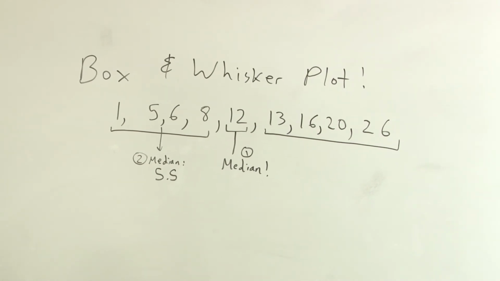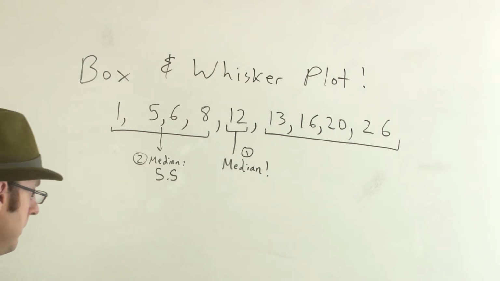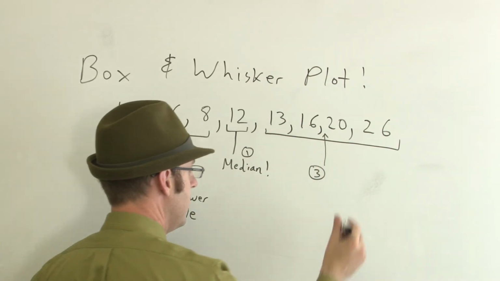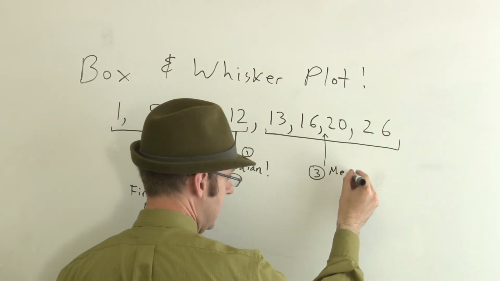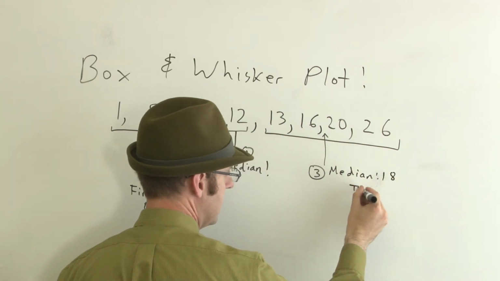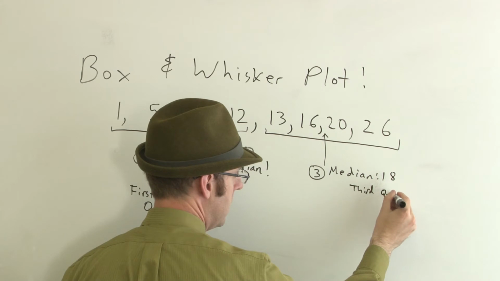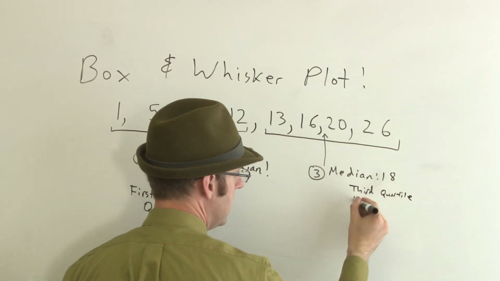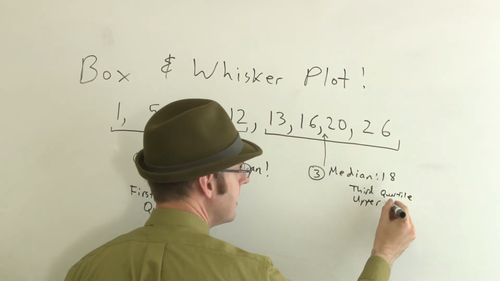That is what we call the first quartile or the lower quartile of this data. So the median of this part is 18, correct? That's the third quartile or upper quartile, depending on who you ask.